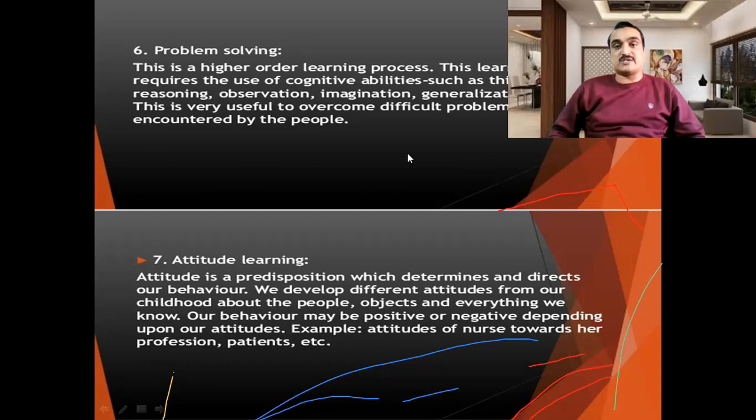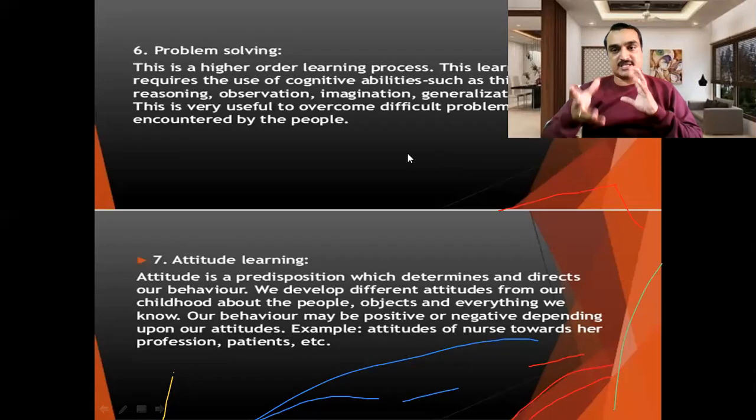The seventh one is attitude type of learning. What does it mean? Attitude, as you know, is the predisposition which determines and directs our behavior, which we usually have in our personality. Sometimes directly or sometimes indirectly, it influences every one of us. We develop different types of attitudes in our personality from our childhood.